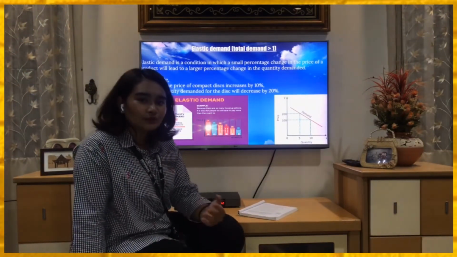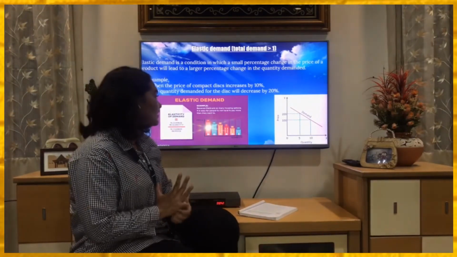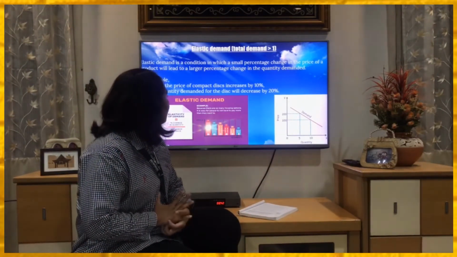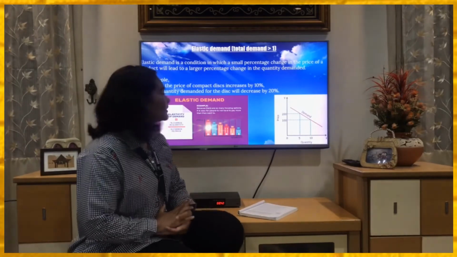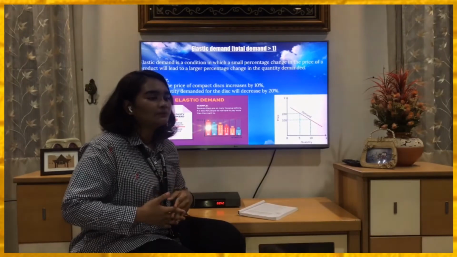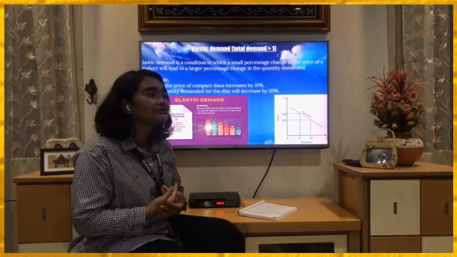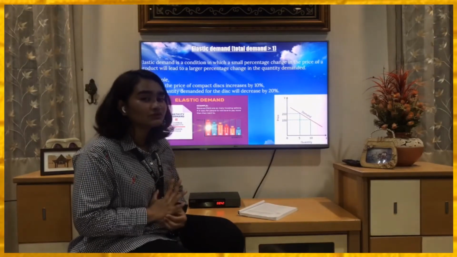It's kind of weird, like the price increases and then you want to buy a lot. No, what it means is that maybe it's for a substitute, maybe toothbrush and toothpaste. If the toothbrush price increases, the toothpaste also increases.